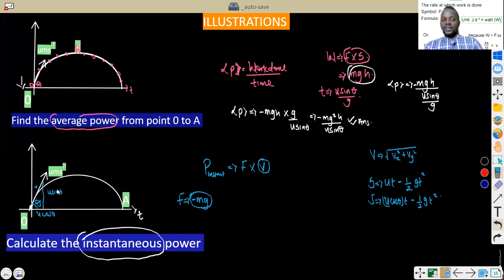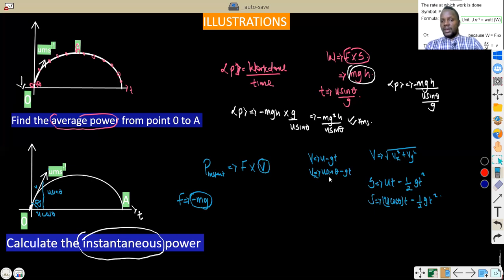Along the y-axis, it is retarded by gravity. So if you go by the velocity formula you have studied, it is u minus gt. I hope students understand this. So along that, it is given as u sine theta minus gt. So this is the velocity y component.